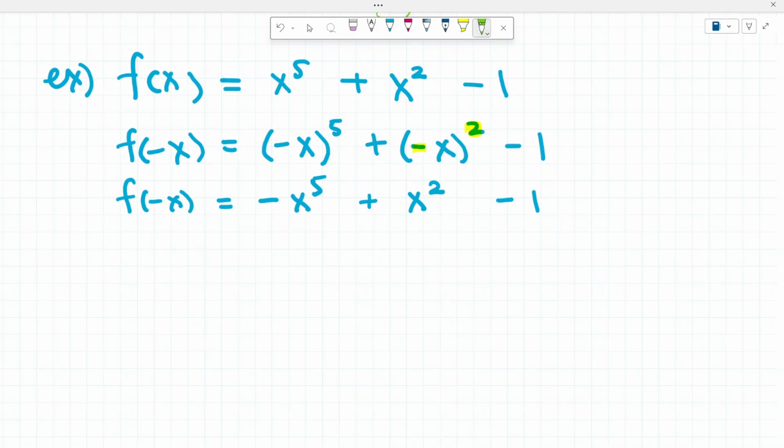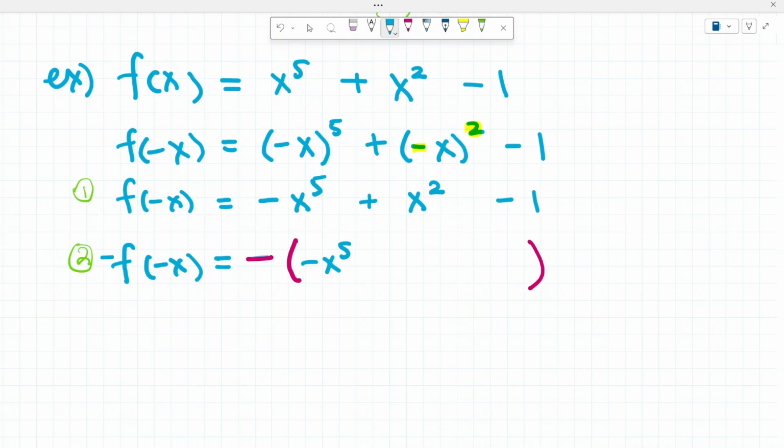That was our step 1. Now as step 2, we want to apply a negative to the front as well. So we have negative f of negative x. We put a negative, which we can put in pink, outside of our entire function. So we've got negative, and then negative x to the power of 5 plus x squared minus 1.